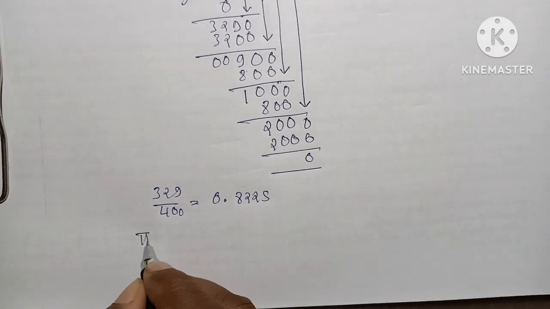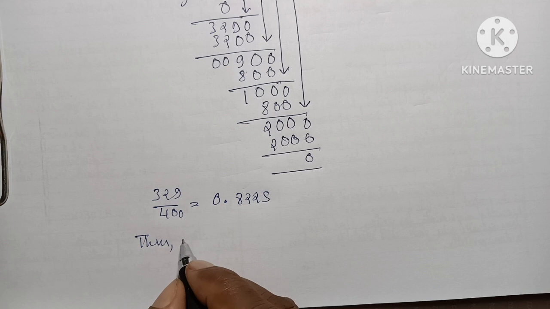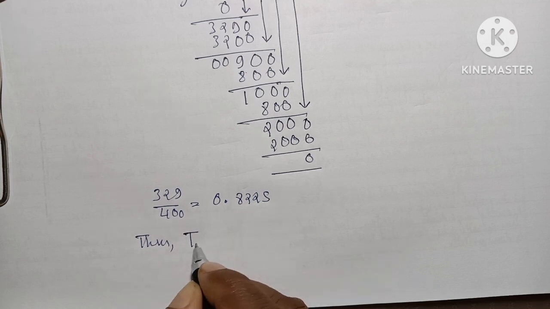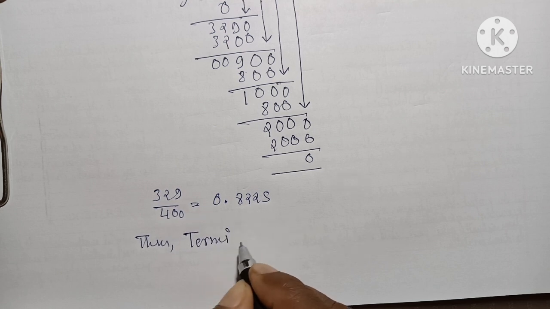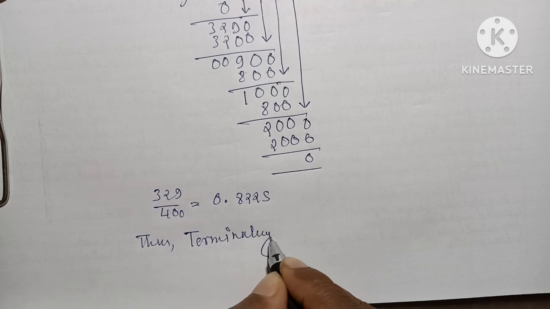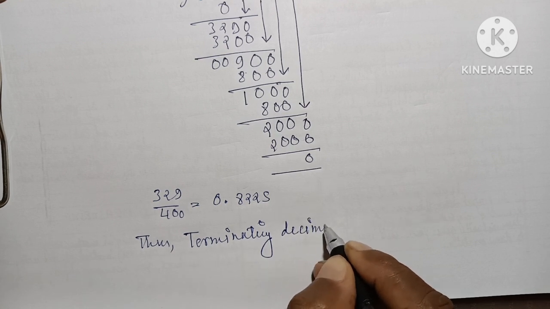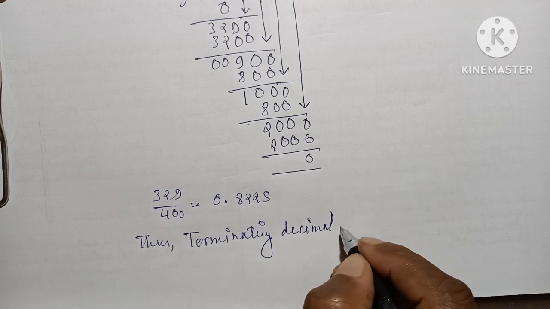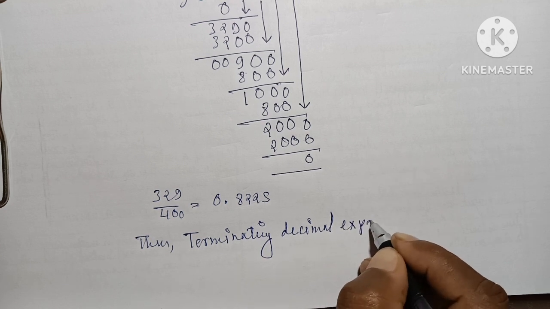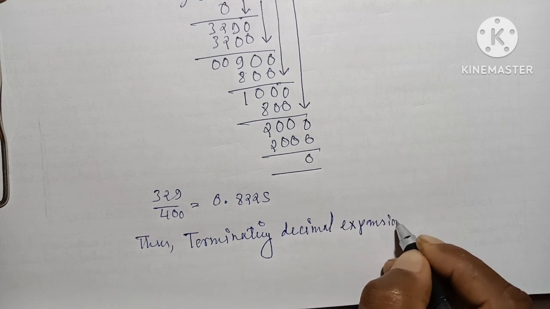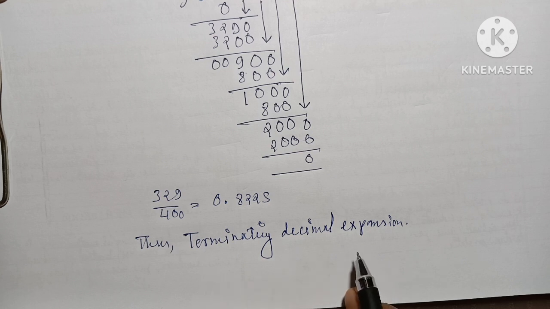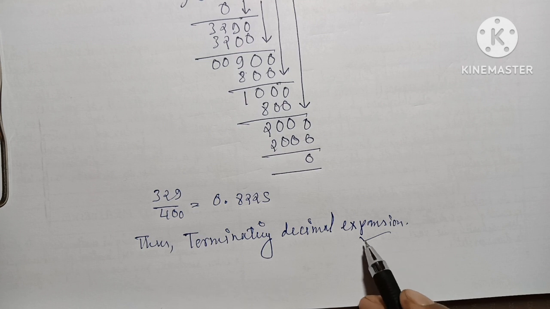Thus it is a terminating decimal expansion. Terminating decimal expansion. I hope in question number 1 of this exercise you understand.